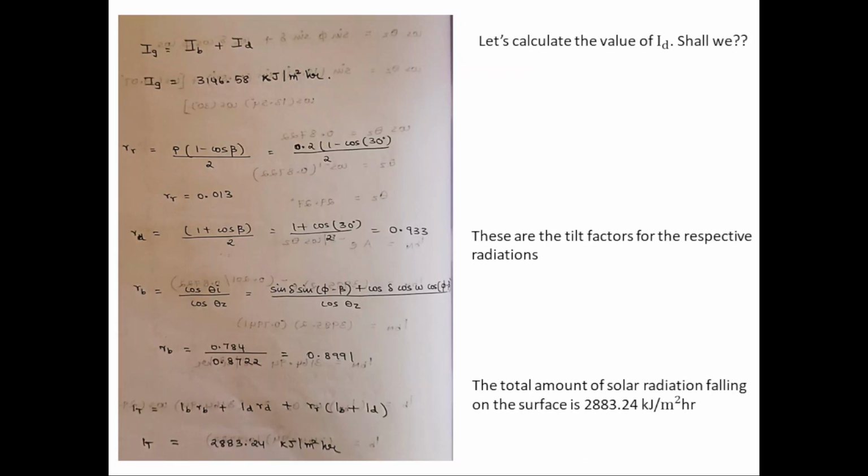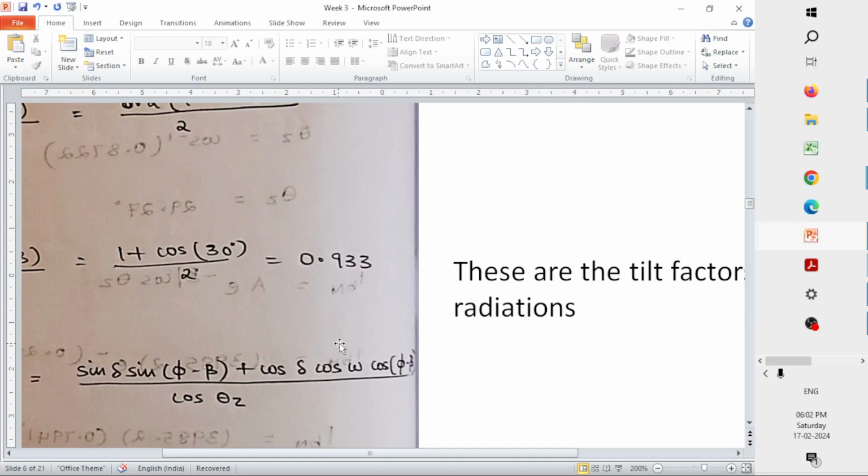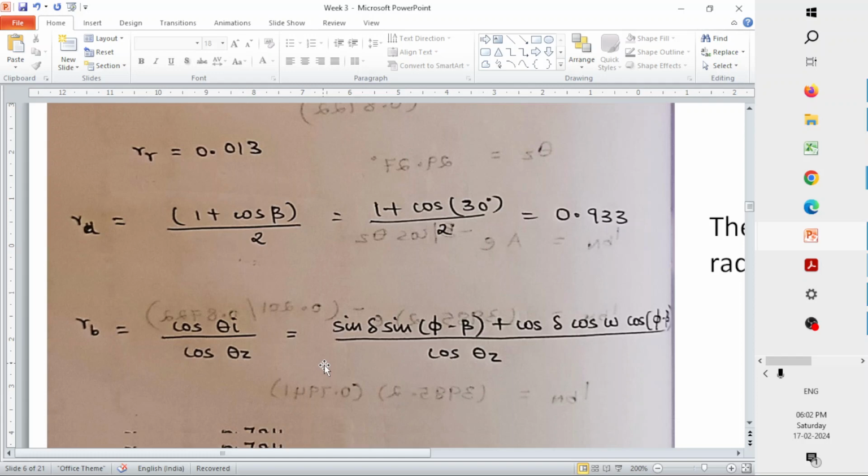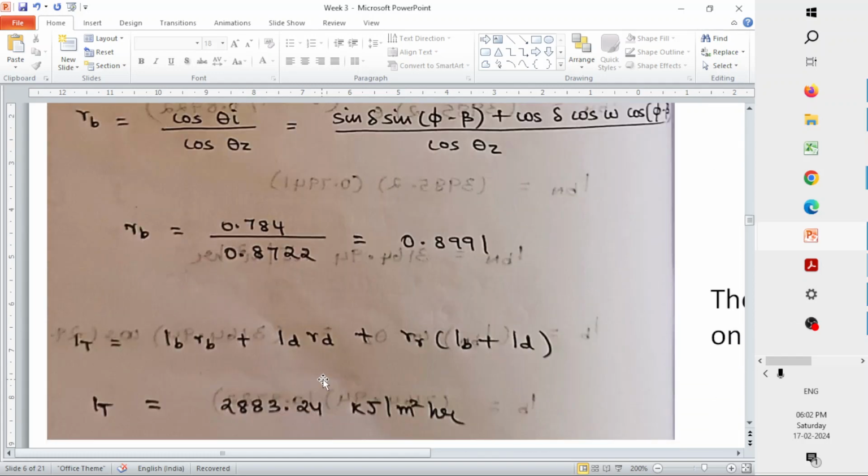This is the instantaneous value at a particular instant of time, exactly at 14 hours on August 16th, with a beta value of 30 degrees, the flat plate collector pointing towards the south, with the assumed values of A, B and C to calculate IB, IG and ID. The instantaneous radiation that can fall on the flat plate collector is 2883.24 kilojoule per meter square hour.